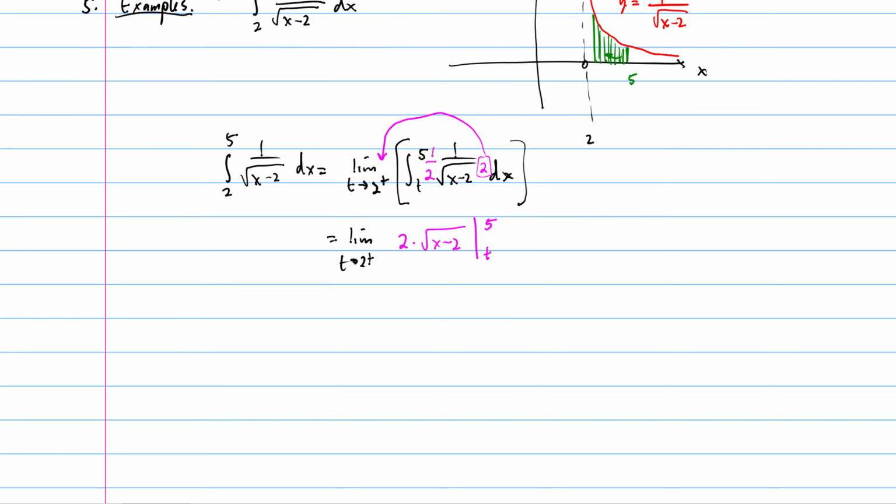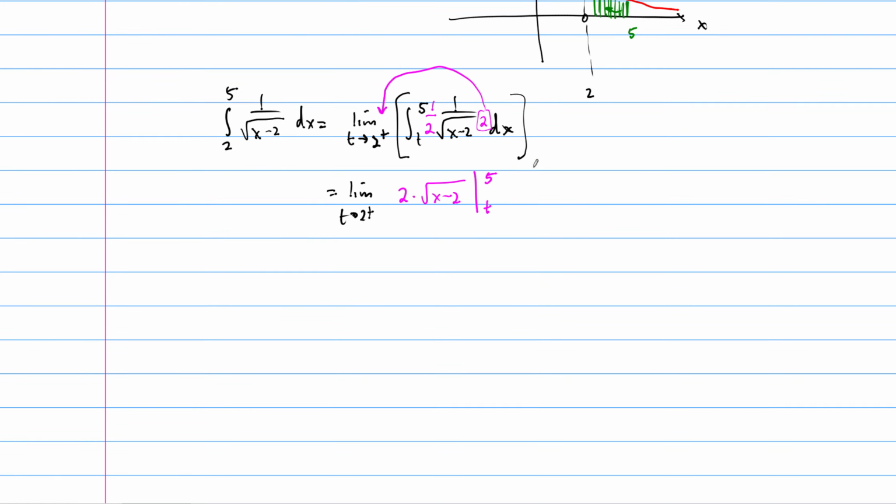Okay, so that should be pretty straightforward. And now, when the upper bound for x is 5, when that goes in, there's no problem. So this is just 2 square roots of 3. And then the limit has to stay there for the second bound. So this then becomes the limit as t approaches 2 from the right of 2 times the square root of t minus 2.